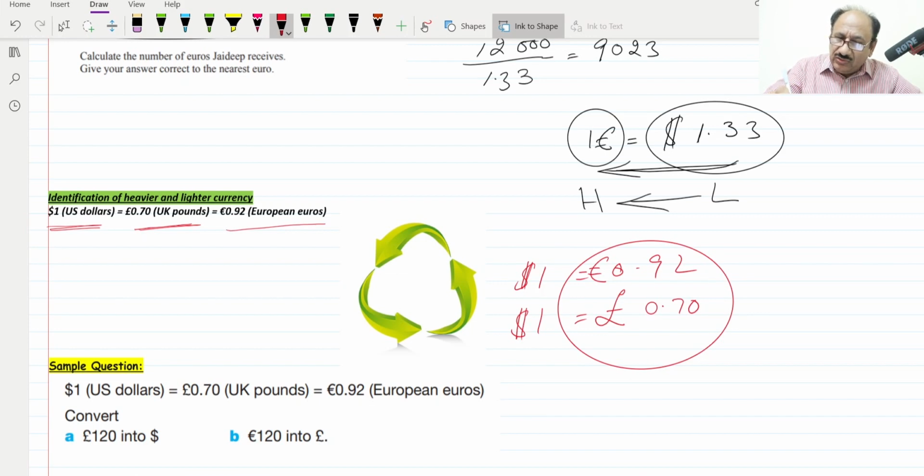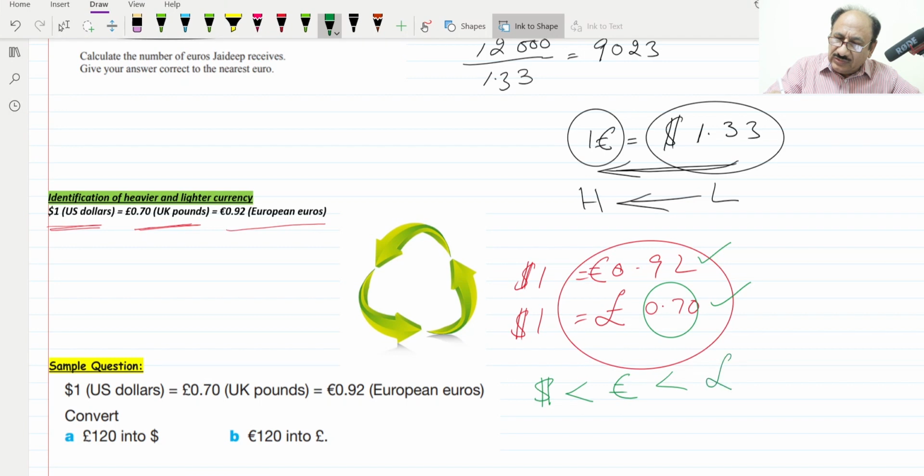Now the second thing we can identify from here is that $1 is giving us more euros as compared to pounds. So the pound is the heaviest currency, heavier than the other two. So you can write in sequence: dollar is lesser than euro, which is lesser than pound.